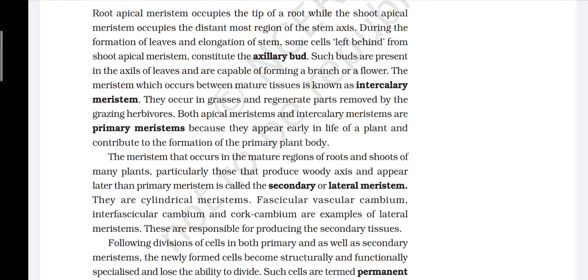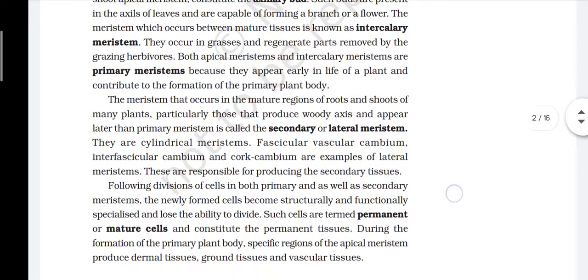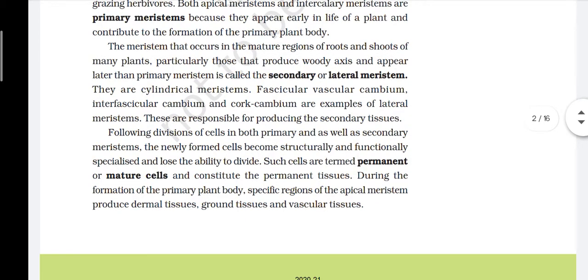Following division of cells in both primary as well as secondary meristems, the newly formed cells become structurally and functionally specialized and lose the ability to divide. Such cells are termed permanent or mature cells and constitute the permanent tissue.